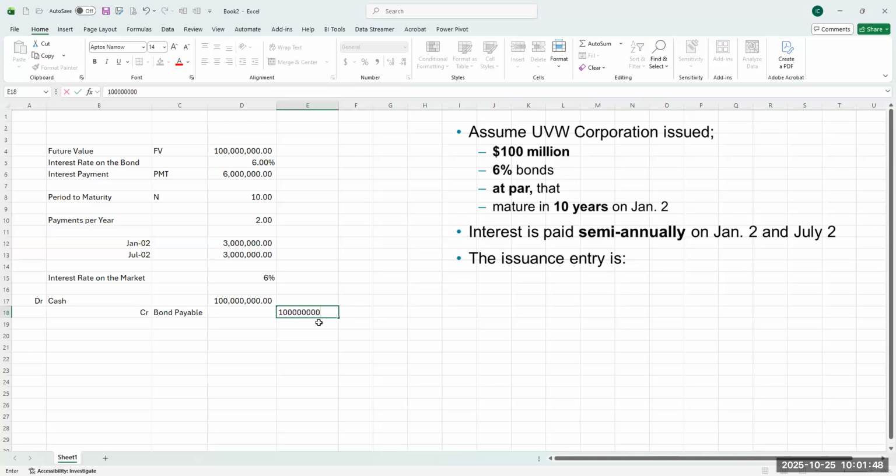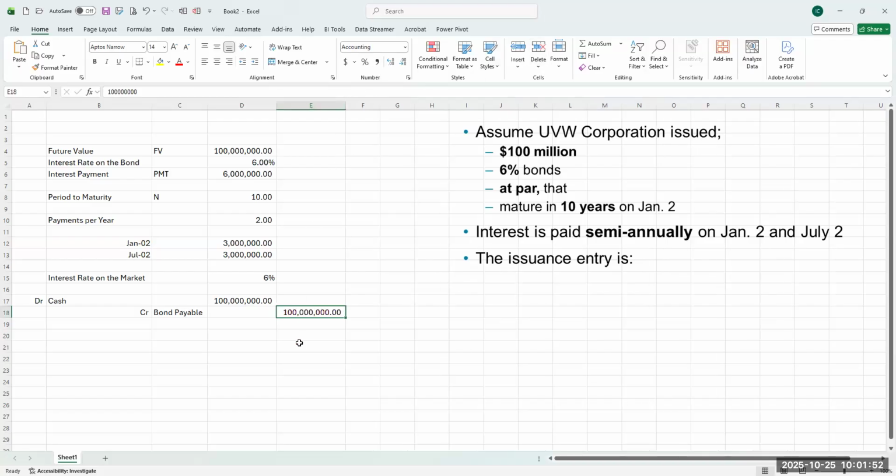Did I get 100 or no? 100. So let's pretend we issue the bonds on January 2nd. Now July 2nd comes. What do we have to do on July 2nd? I have to start paying interest, right?